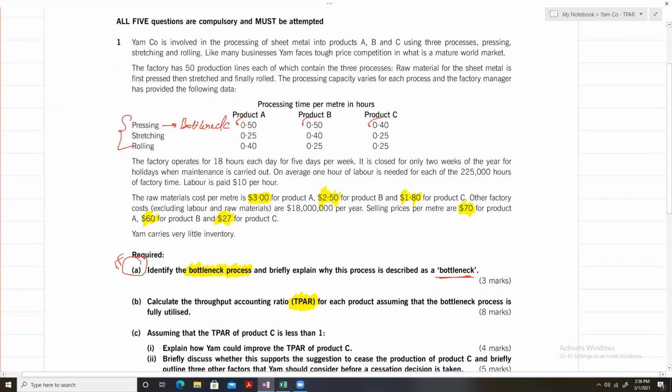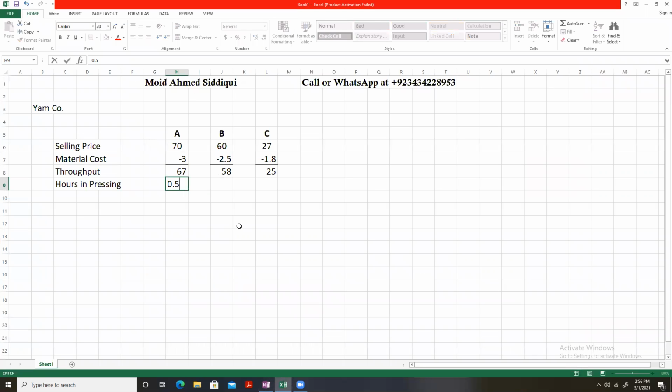It takes 0.5 hours for A, 0.5 for B, and 0.4 for C. So throughput per limiting factor is 134 for A, 115 for B, and 63 for C.